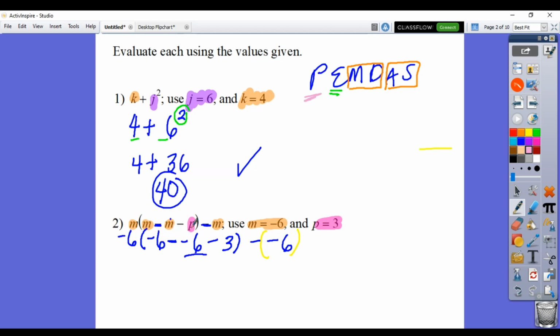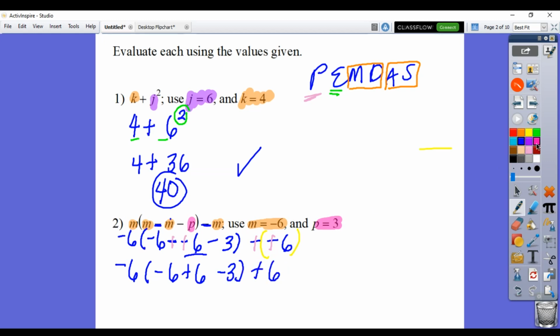Negative 6, this is both negative, so this will be plus now and plus. This will remain negative 3, will be plus, plus, okay? So now what we have is negative 6, negative 6 plus 6, minus 3 plus 6.